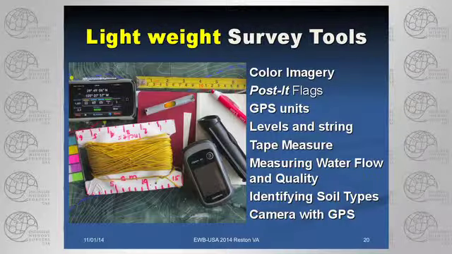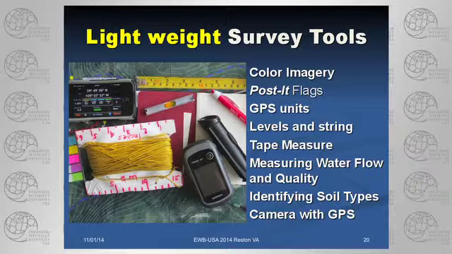Using the post-it note flags, GPS unit, tape measure, with the exception of the iPhone that's up in the corner that is capable of doing GPS measurements but limits battery life.